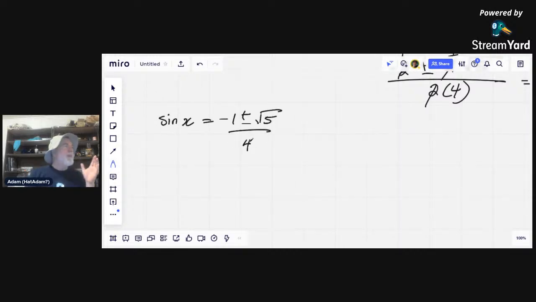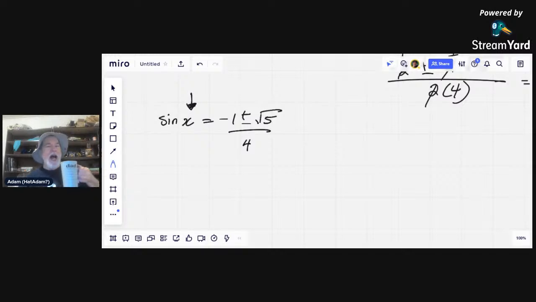Now, the next move here, because remember I said that we could figure out what the exact values of the zeros were. So we now know what the sine of x is, okay? But how do we find out the x that goes with this bizarre looking contraption?